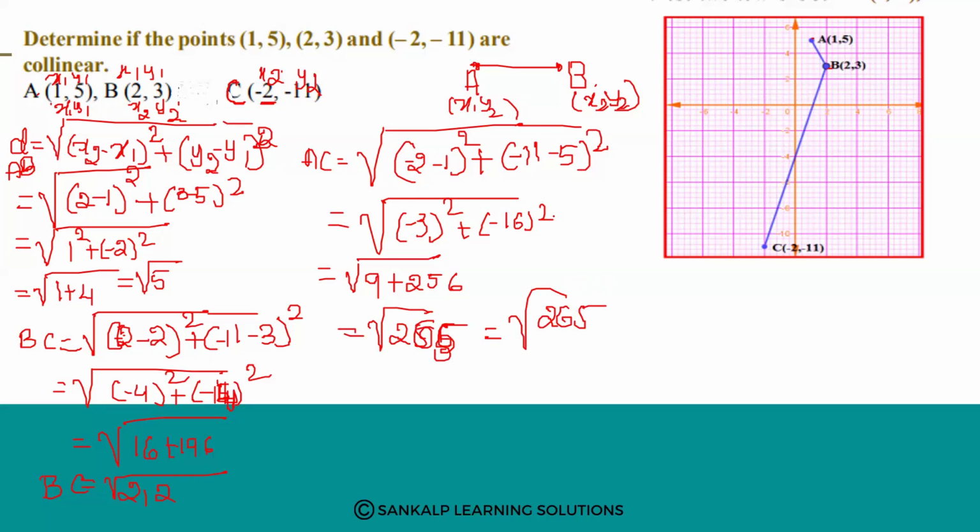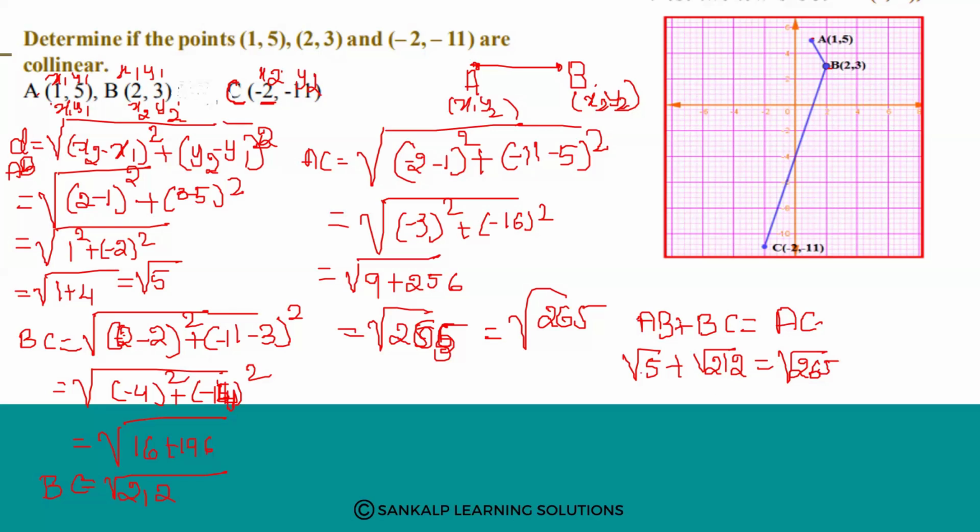Determine if the points are collinear or not. If asked this, AB plus BC should be equal to AC. Right? If you add AB and BC, you should get the AC value. AB value is √5 and BC value is √212. AC value is √265. If you add √5 plus √212, do you get √265?